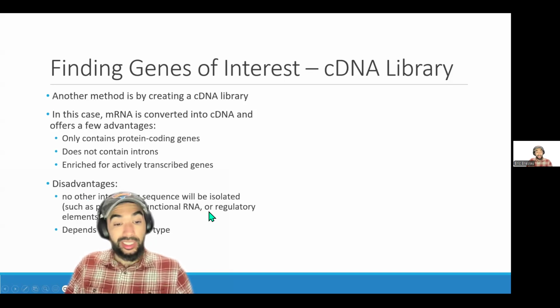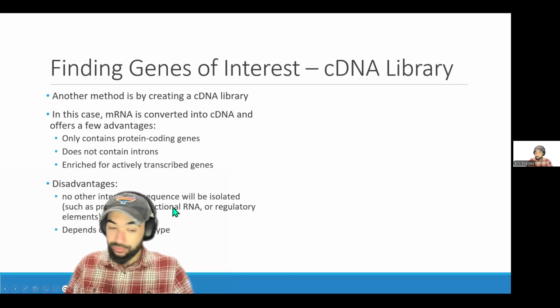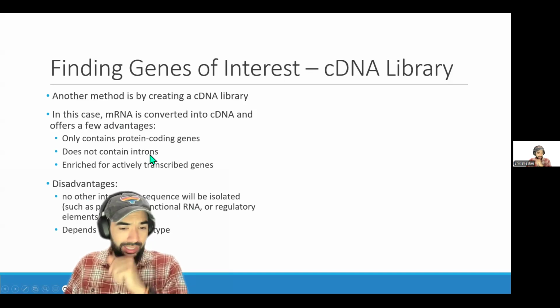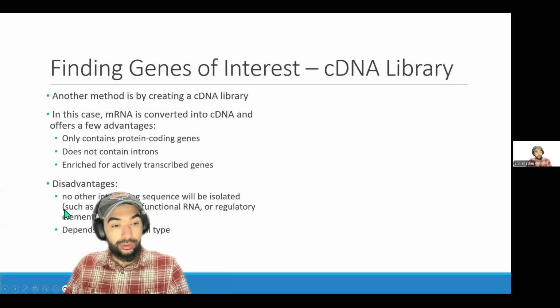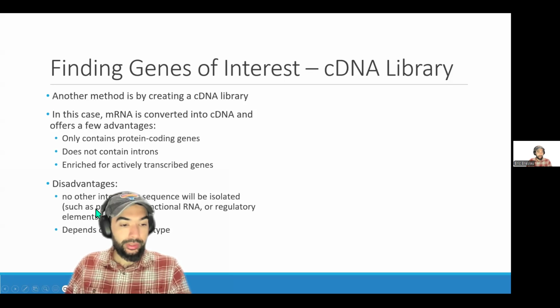Functional RNA, like our tRNAs or our piRNAs or microRNAs, etc., won't be included, and that's because this is enriched for mRNA. And then, of course, regulatory elements like distal promoters or silencers or enhancers, things like that won't be included.